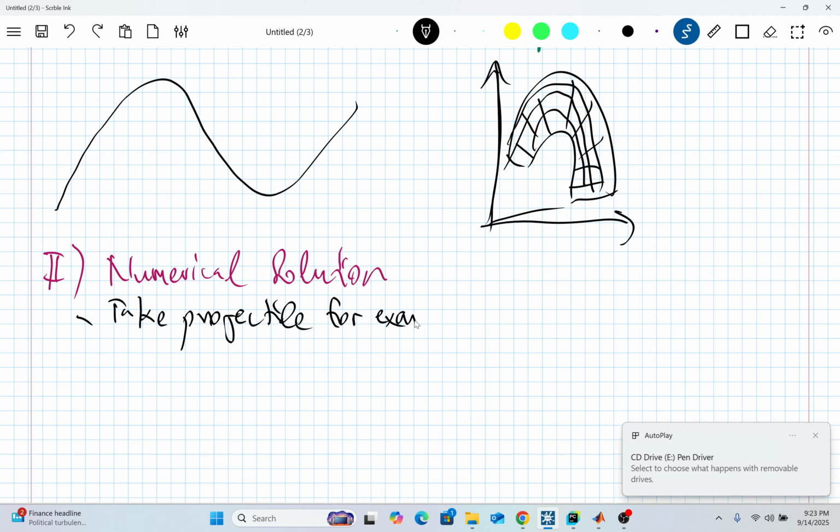I can expand it onto two axes, x and y. On the x axis, it is minus k vx equals m dvx over dt, and on the y axis, minus k vy minus mg equals m dvy over dt.